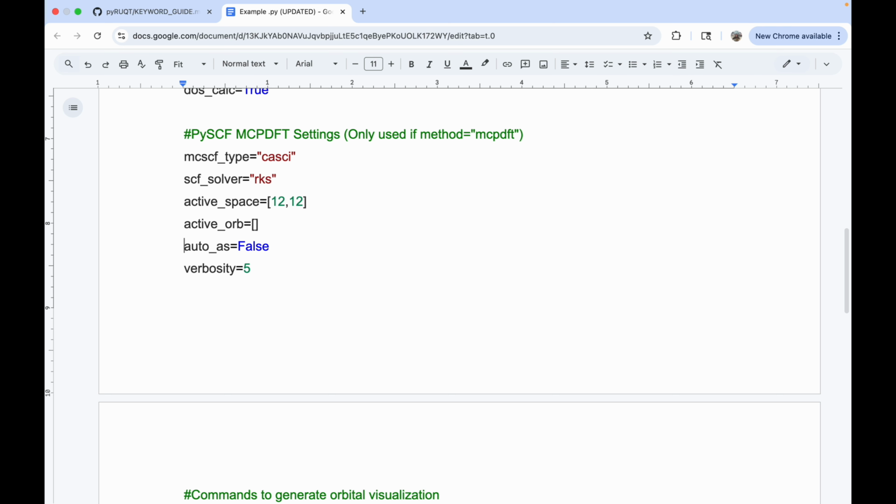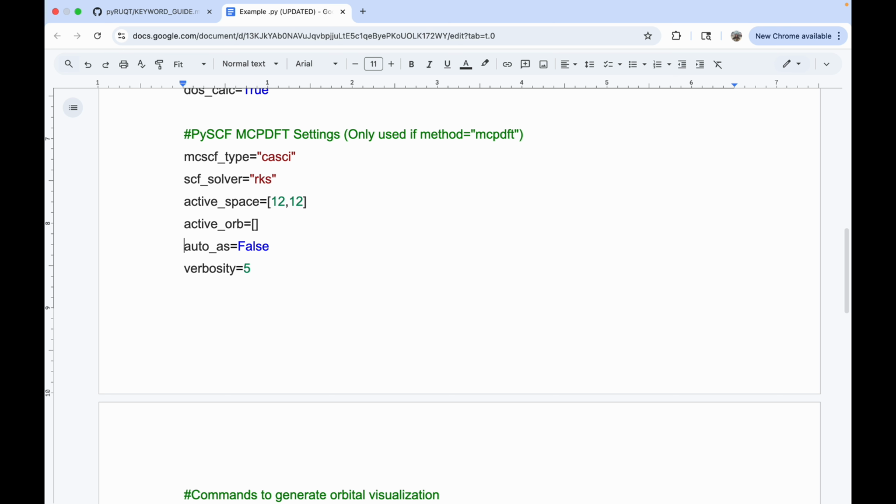Moving on to the next section, this one is very small, and this is the command used to generate orbital visualization. If you're working in a project where you want to visualize the HOMO-LUMO orbitals, the orbitals that the calculator is predicting, you would want to set this to true.